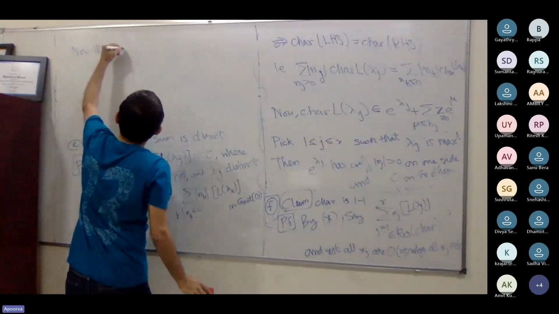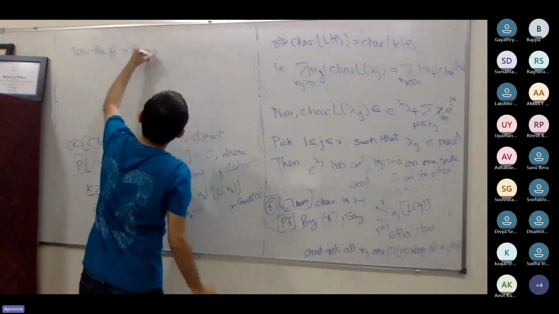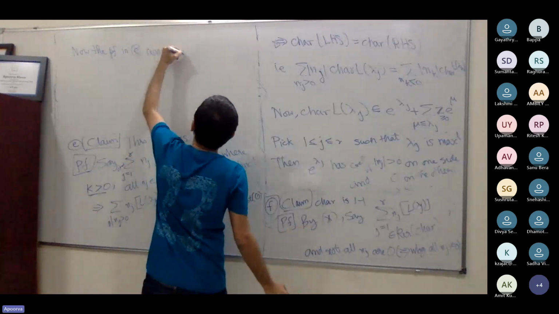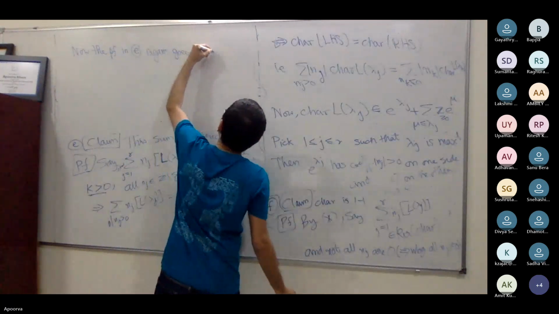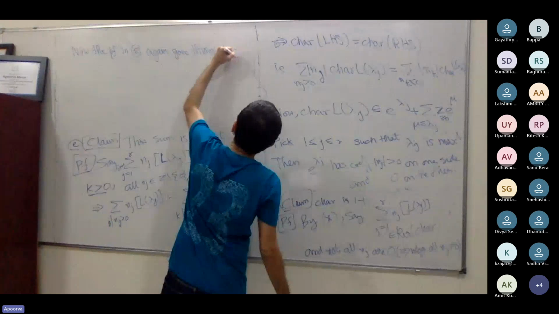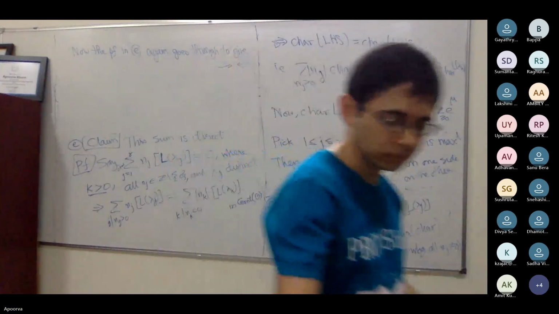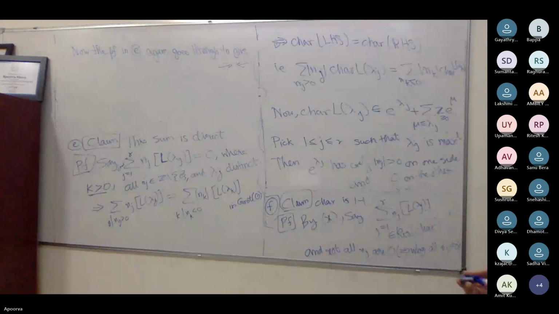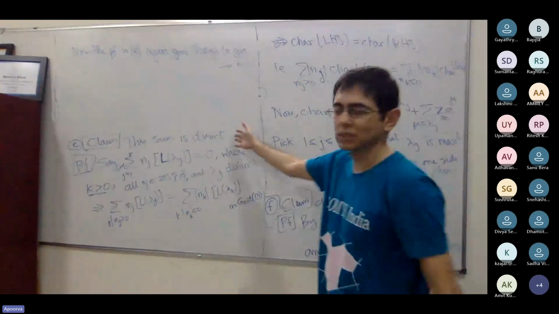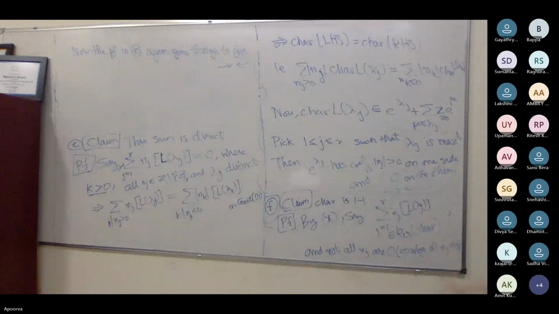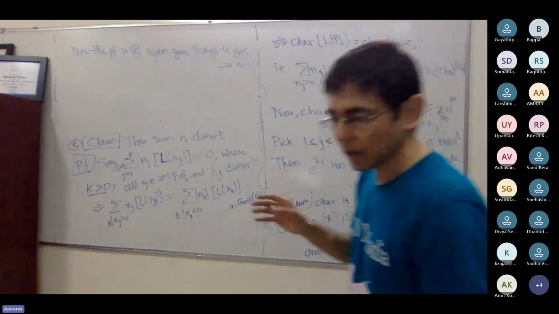Now the proof in E again goes through. So we have a contradiction. It's the exact same thing. Maybe I could combine both of those results here. So this is why the character is a one-to-one map, and this is all done.